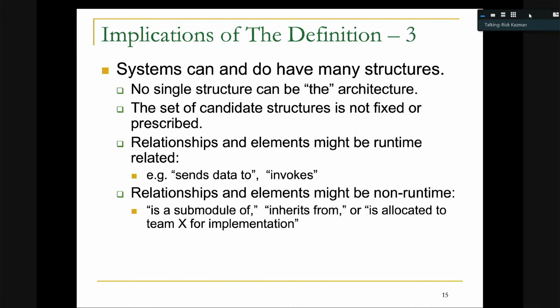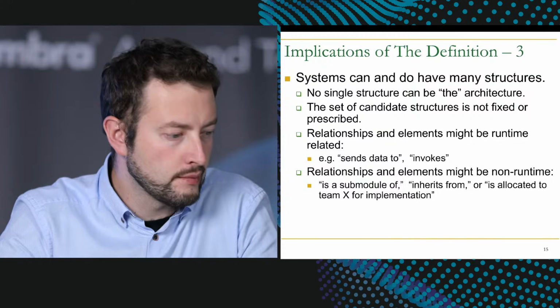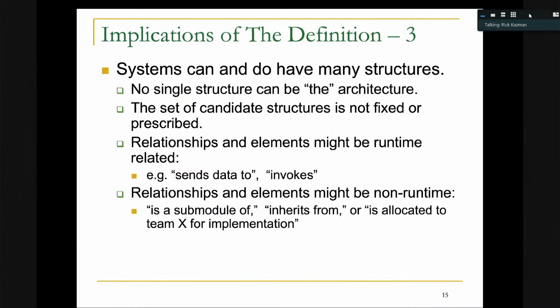Another implication of the definition is, we said it's the set of structures consisting of elements and relations and properties. So no system has just one structure. Even Hello World has more than one structure, right? Because there's Hello World as a unit of code that maybe I keep in my GitHub repo. There's Hello World that I compile into an executing process.